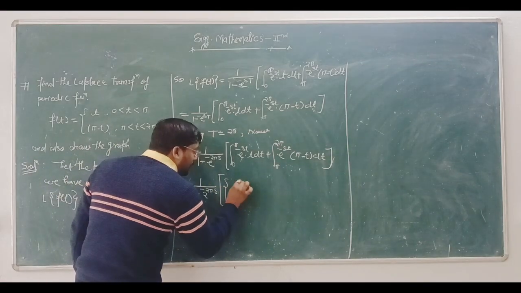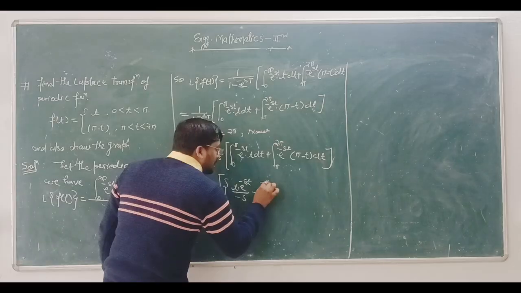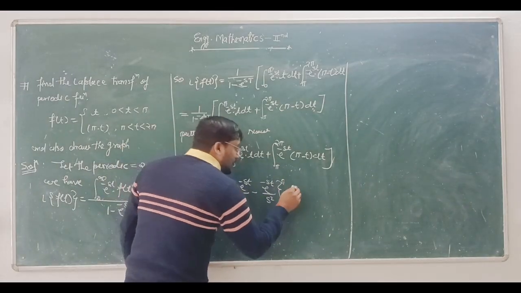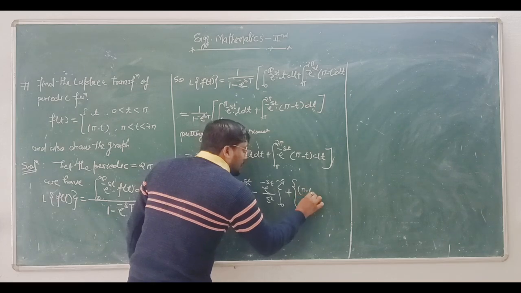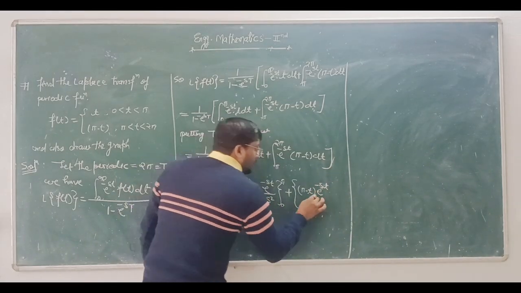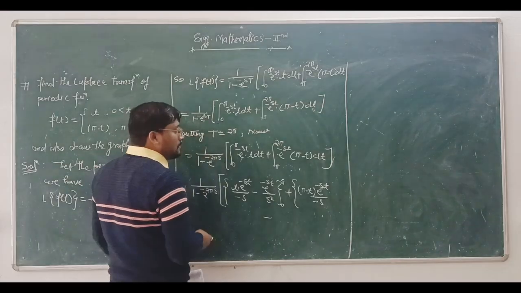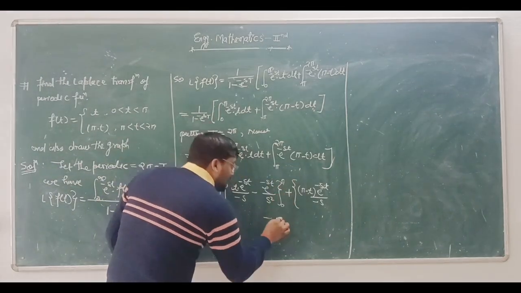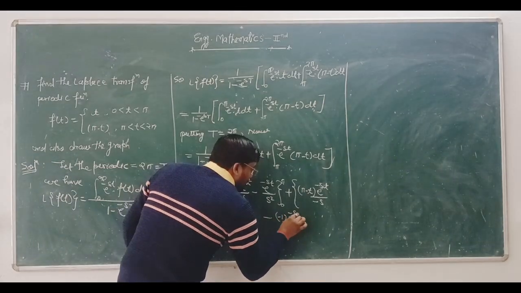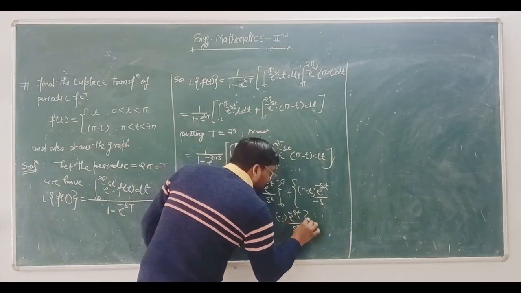t into e to the power minus st upon minus s, minus e to the power minus st upon s square, limit 0 to pi, plus solve this integral also: (pi minus t) e to the power minus st upon minus s, minus, solve this integral, minus 1 e to the power minus st upon s square, also putting the limit pi to 2 pi.